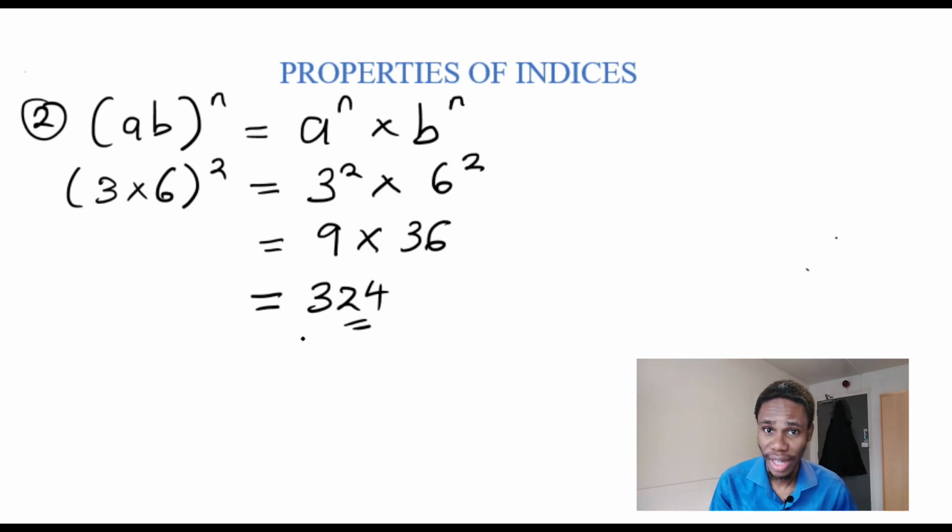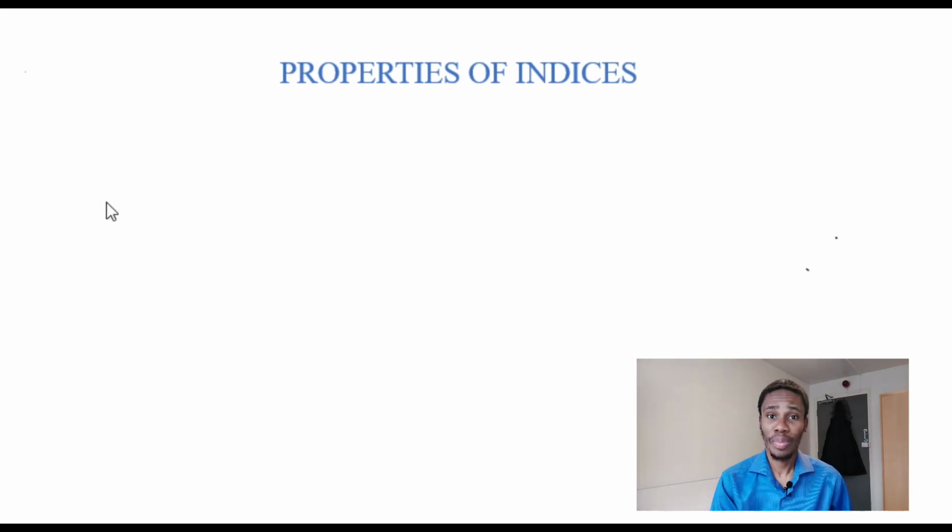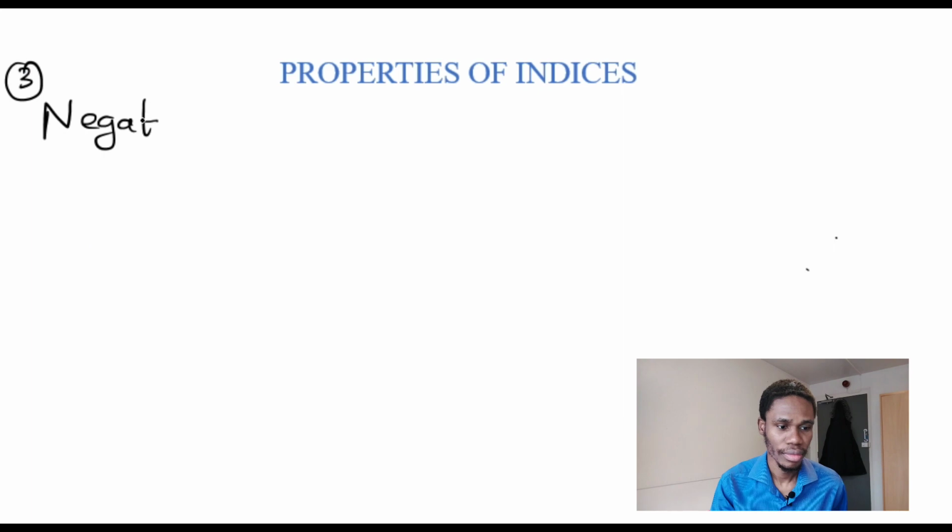Let's move on to property number 3. Property number 3 has to do with negative index. So let's establish our variable, which is a to the power negative b.